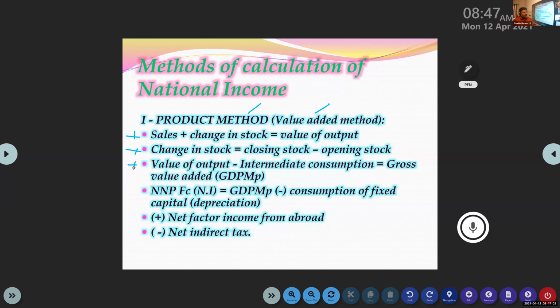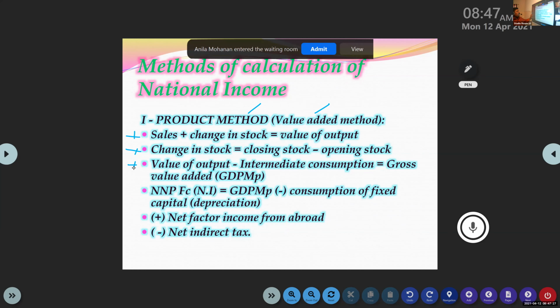At the same time, the hotelier purchased the wheat flour from the miller. So that is an intermediary good for him because he wants to make parotta or chapatis with that. That is the final good. Is that clear? So write down: value of output minus intermediate consumption is equal to gross value added.